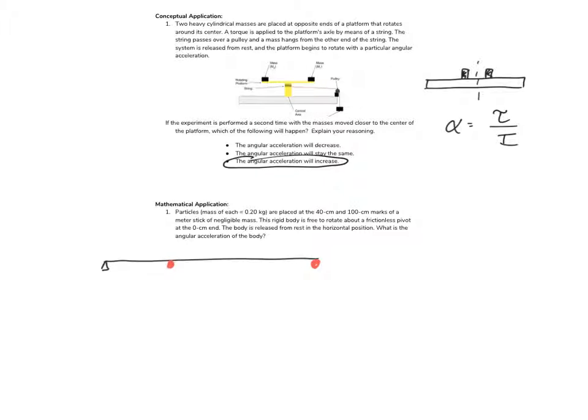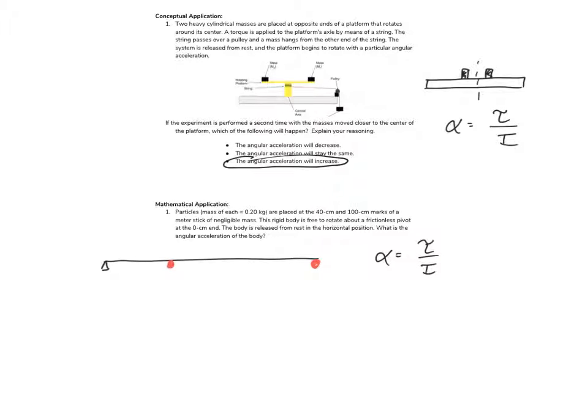Ultimately, we're trying to figure out what this angular acceleration is about that pivot. But notice we don't know the torque, nor do we know the rotational inertia. This is where I think these problems get a little more math intensive in this unit. There's just a lot of steps that we have to go through.